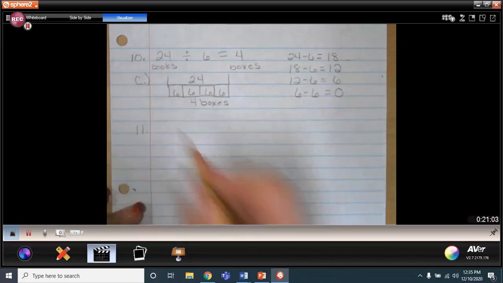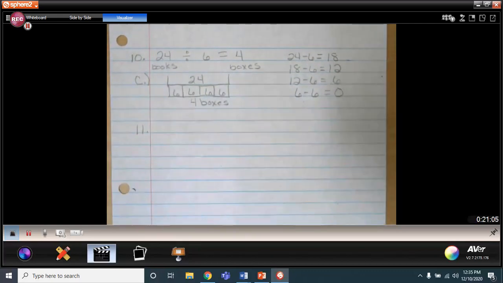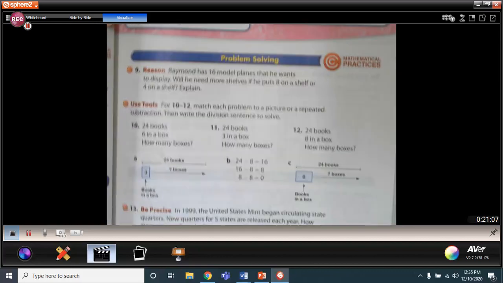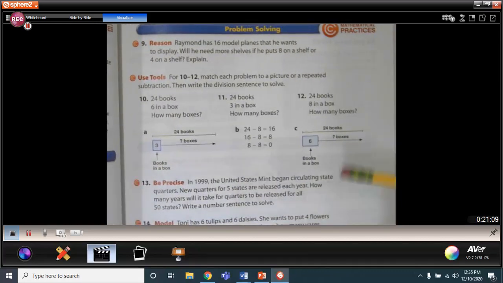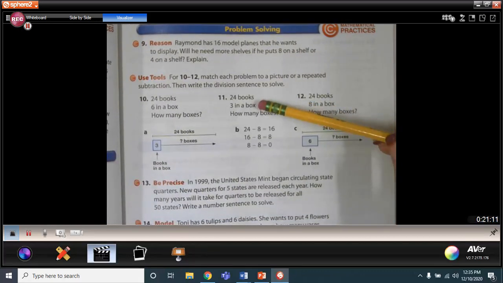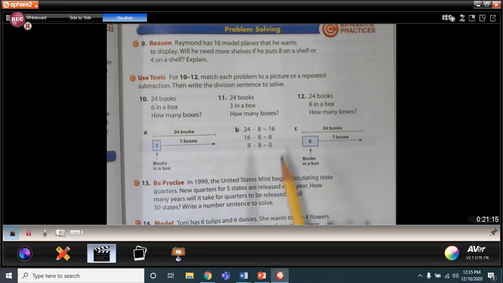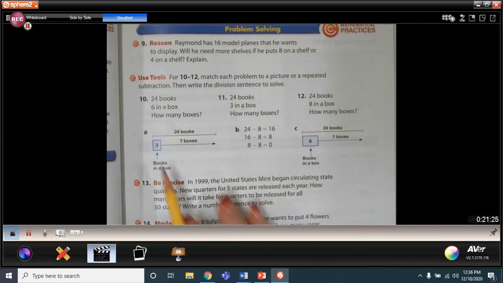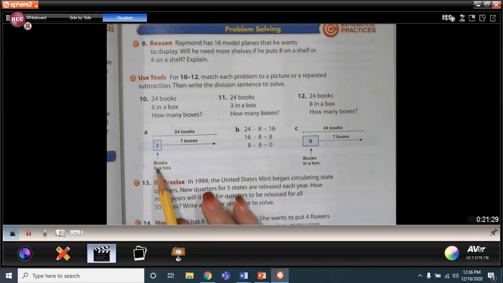I'm going to look at number 11. Number 11 says 24 books, 3 books in a box. How many boxes? So we've already used C. I'm just going to lightly cross that out. If you were using the computer, you could probably do that. I see that we're going to subtract groups of 3 here.